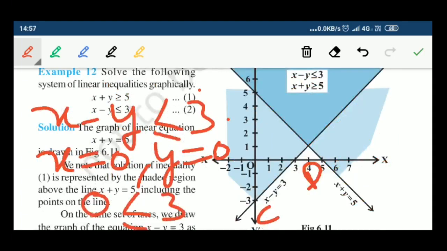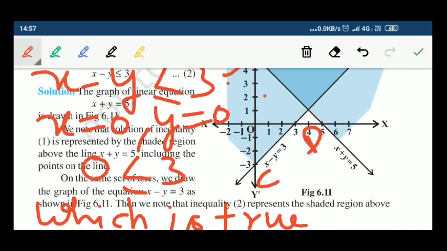Now we will find the solution region, the shaded region of the second inequality. For this, x minus y less than or equals to 3, put the value x equals to 0, y equals to 0. After putting the values in x minus y less than or equals to 3 here, we get 0 is less than or equals to 3.